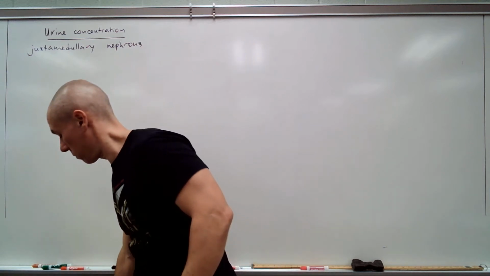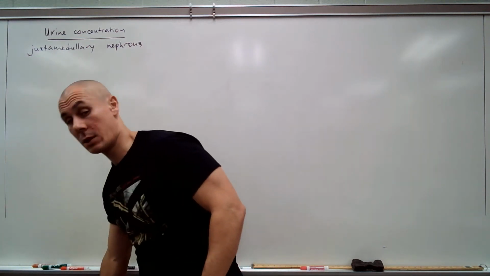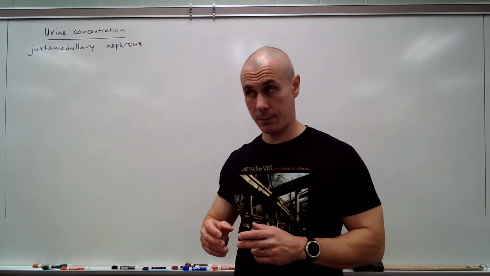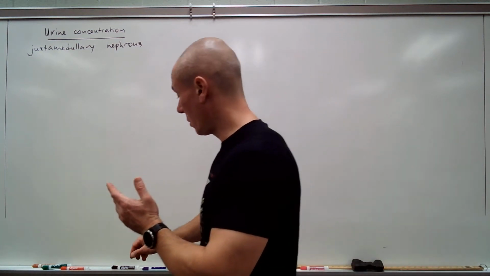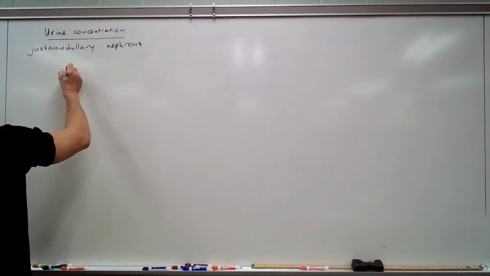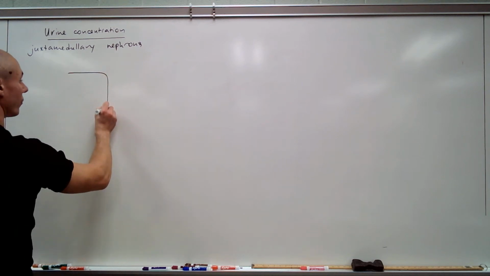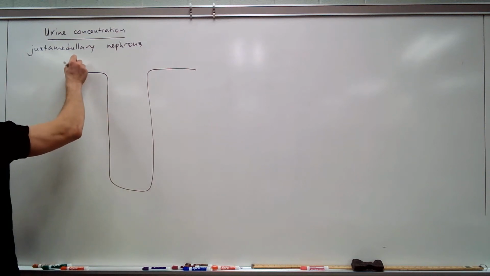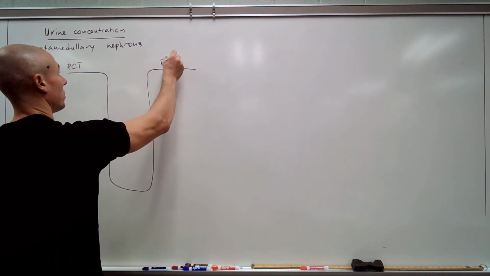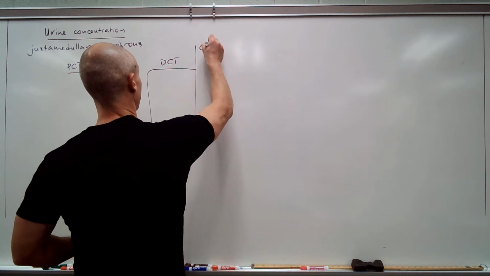Now, let's talk about what happens there. All right. So this is proximal convoluted tubule, distal convoluted tubule, collecting duct.